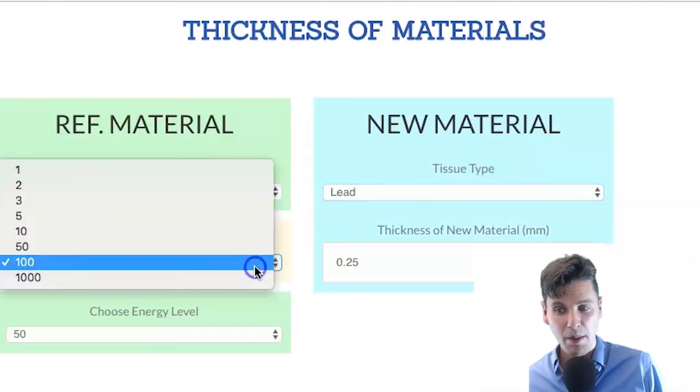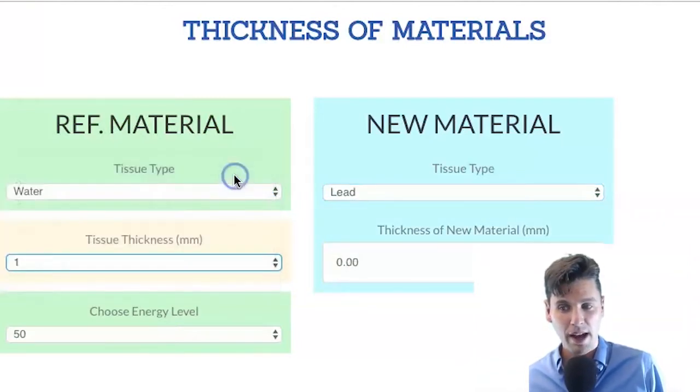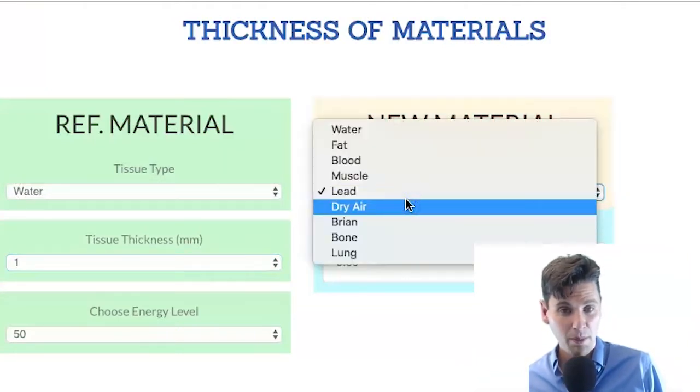And then what's on the opposite end of lead? So imagine, let's go back to reference of 1. For a thickness of 1, what's on the opposite end of lead? It's dry air, right? We're not talking about a vacuum, so there will be X-rays that are stopped within dry air, that ionize the dry air, but it's going to be significantly lower attenuating, right, compared with water.